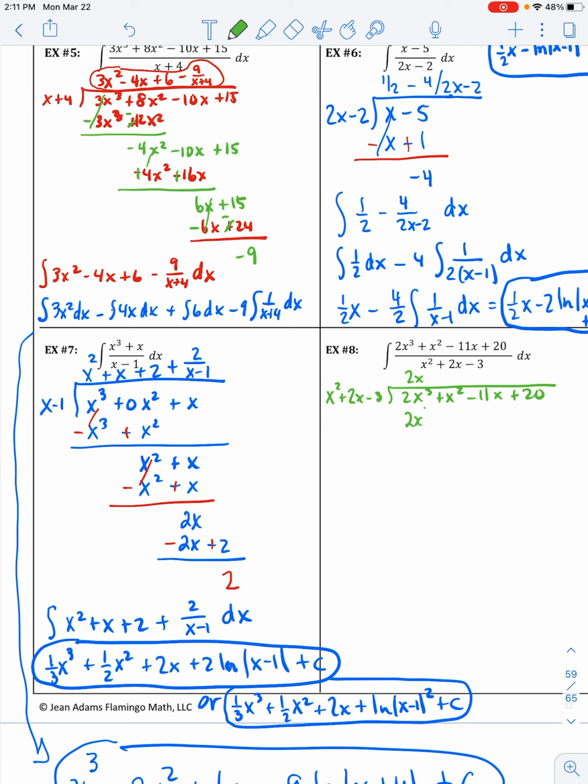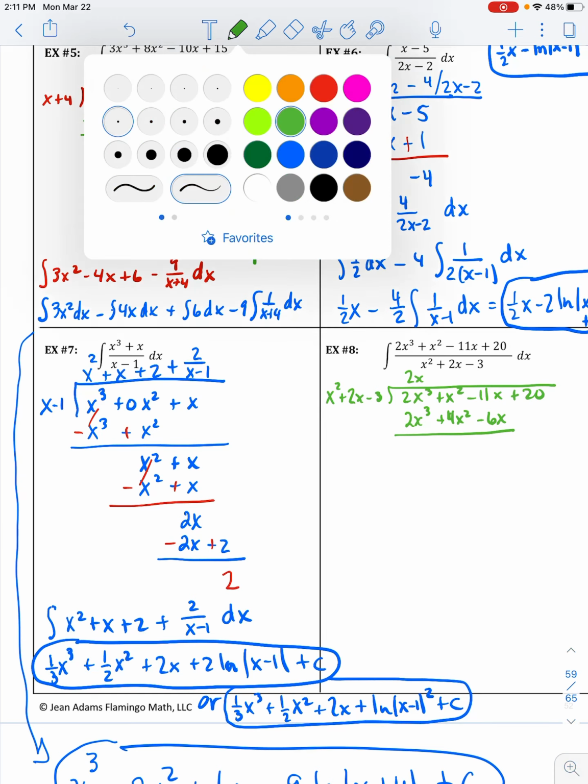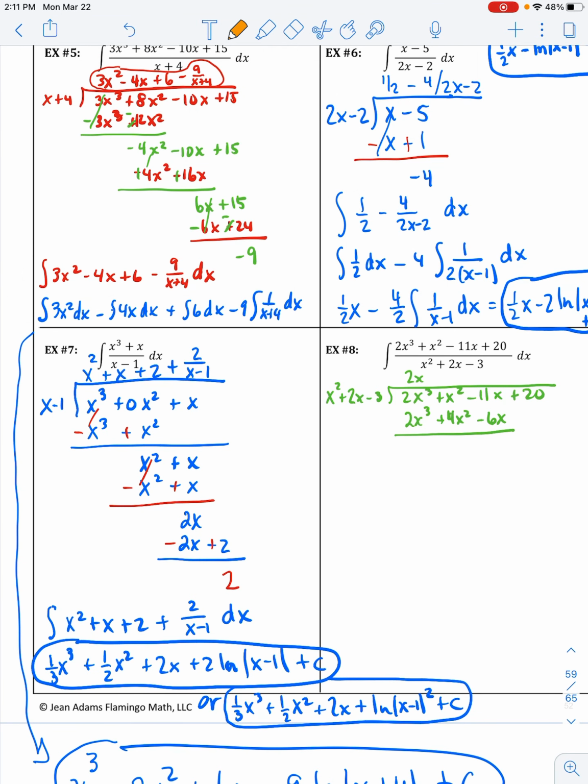That would be 2x. So that gives me 2x cubed plus 4x squared minus 6x. But then I subtract. So that turns to minus, that turns to minus, that turns to plus. This goes away.